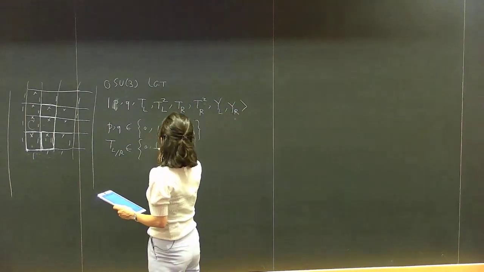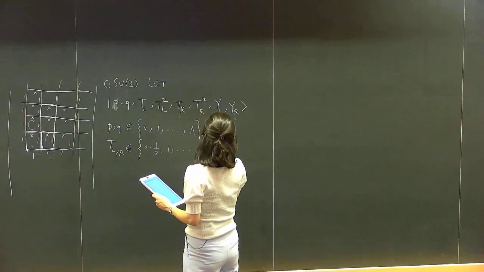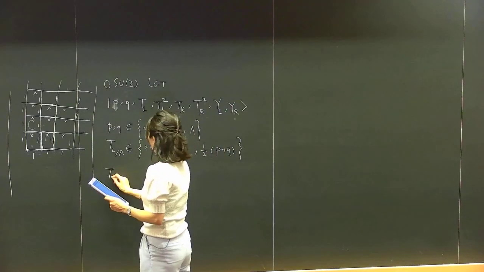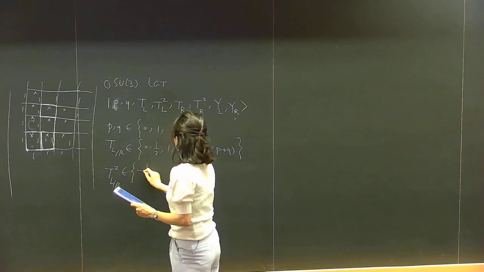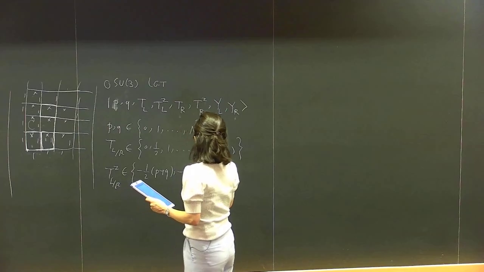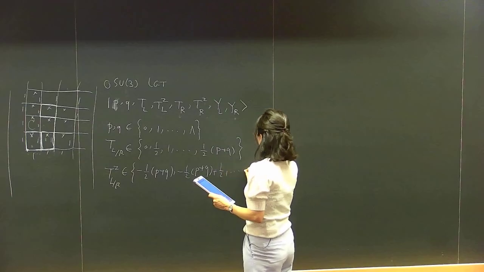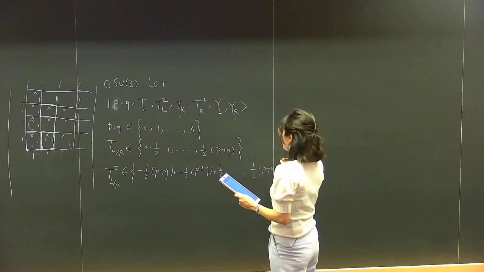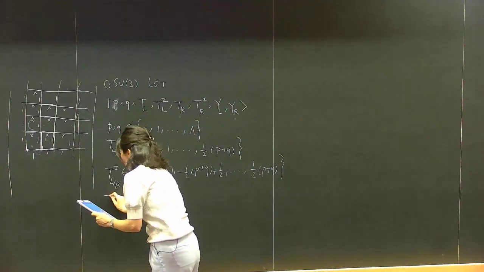These are 0, 1/2, 1 up to 1/2 (P plus Q). And then T_Z left, right, the Z component is going to be minus 1/2 (P plus Q), minus 1/2 (P plus Q) plus 1/2. So in units of 1/2, you go all the way to plus 1/2 (P plus Q), just because this is the third component of this guy.